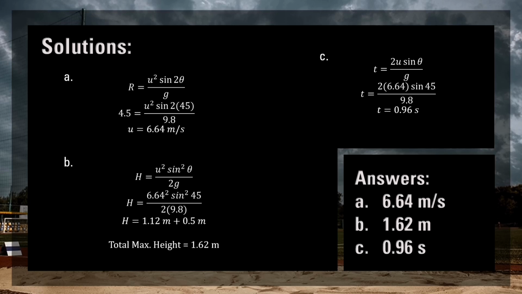Time is equal to 0.96 seconds. The answers are now: the velocity would be 6.64 meters per second, the maximum height would be 1.62 meters, and the time is 0.96 seconds.